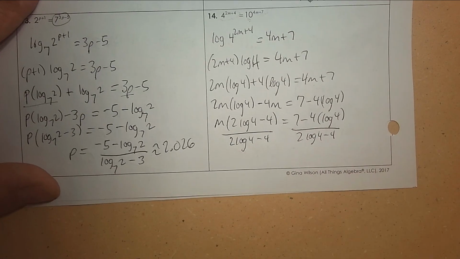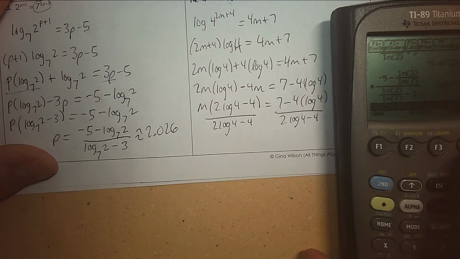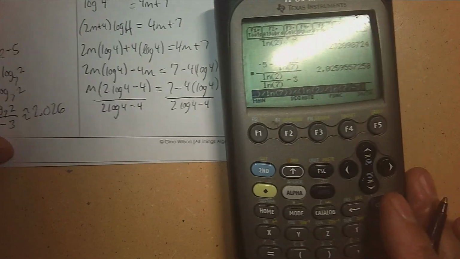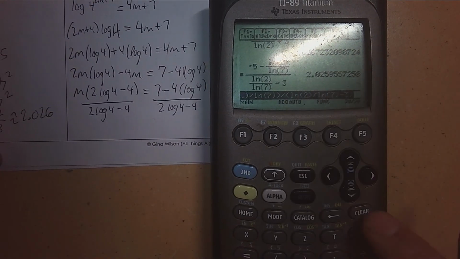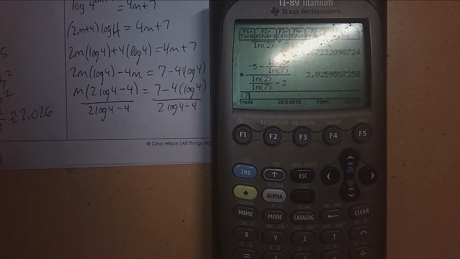So again, when you have adding or subtracting in the numerator or denominator, we need to use parentheses. So let's do that. Start with the parentheses, 7 subtract 4 times, now it's ln 4 divided by ln 10.